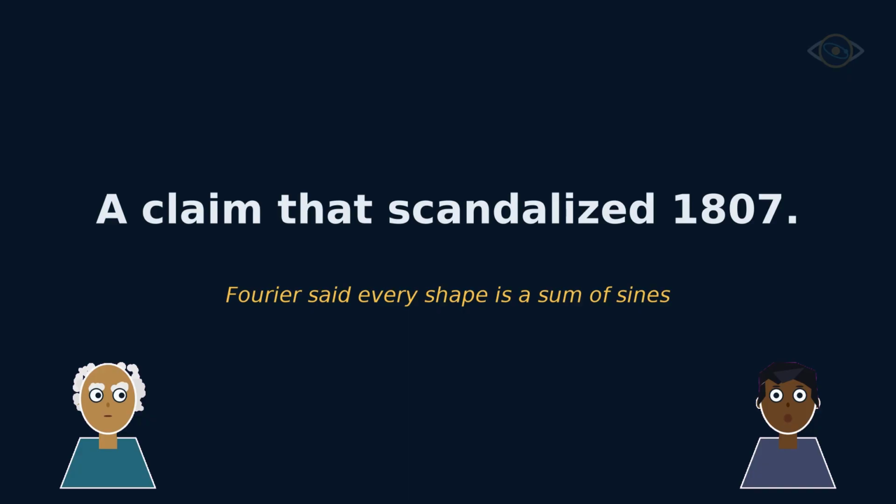Smooth, round waves adding up to a sharp corner? I can see why that felt impossible at first. And yet, it is true, with enough of them. That bold, doubted claim grew into one of the most useful ideas in all of science.